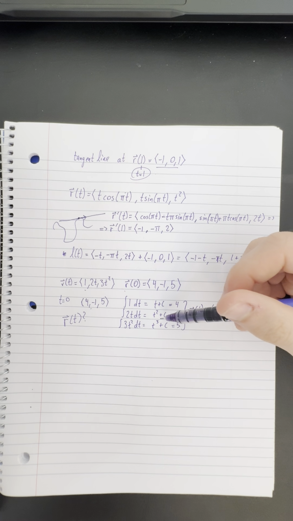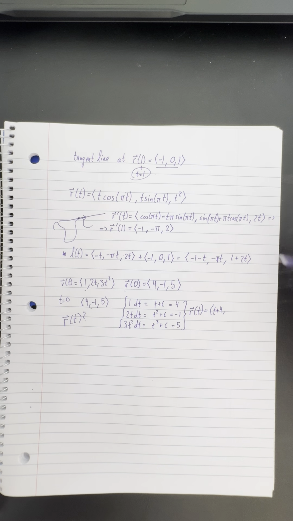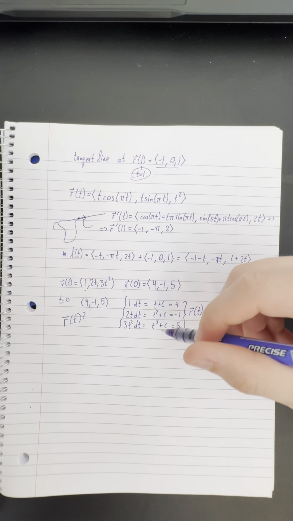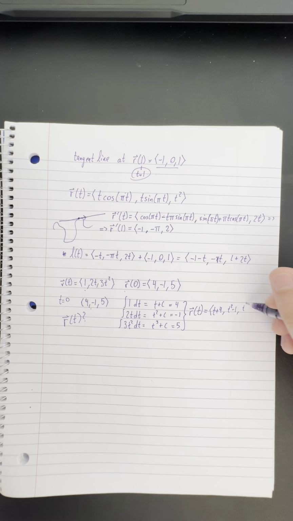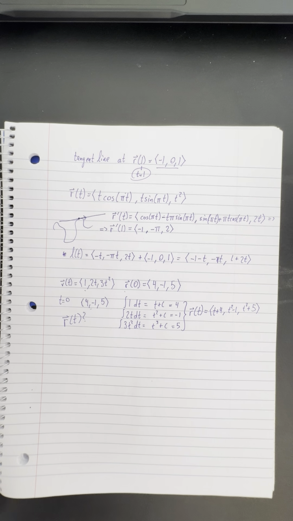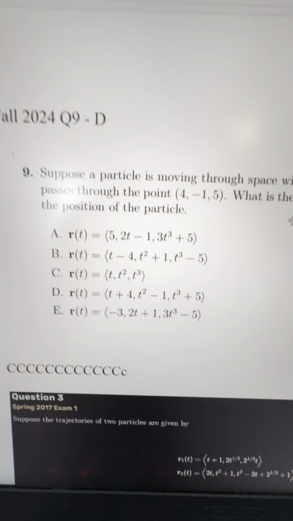When we plug in t equals 0 for the y, you get c equals -1. So you get t squared minus 1. Same thing here, you're going to get t cubed plus 5, right? So we're looking for t plus 4, t squared minus 1. So d looks like the right answer. Right there.